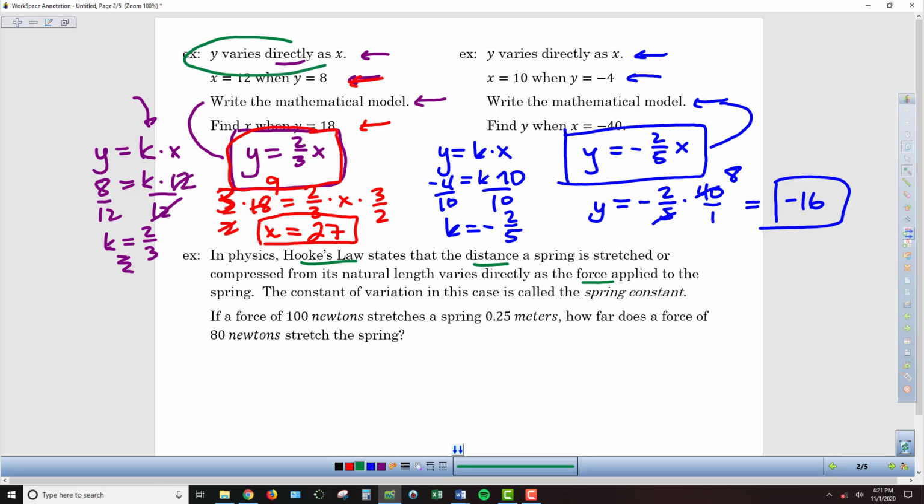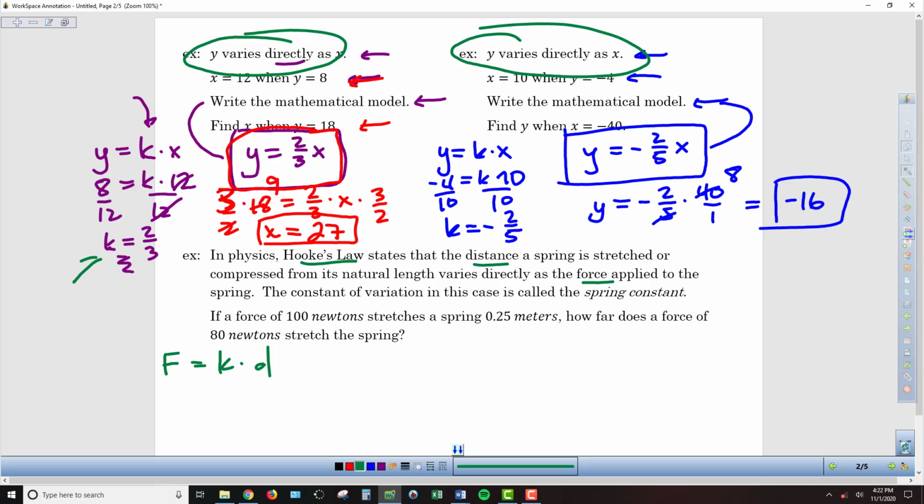So they have to tell us the nature of that relationship. Just like we were told up here that y varied directly with x, we can write that the force varies directly with the distance. And I could have reversed those variables. I could have done the same thing on the above questions, written it as x equals k times y in both cases. The only difference under any of these circumstances would be that the value of k would be its reciprocal.